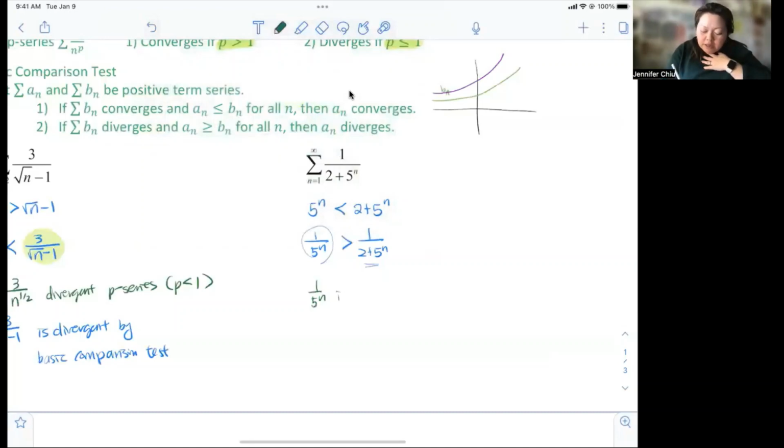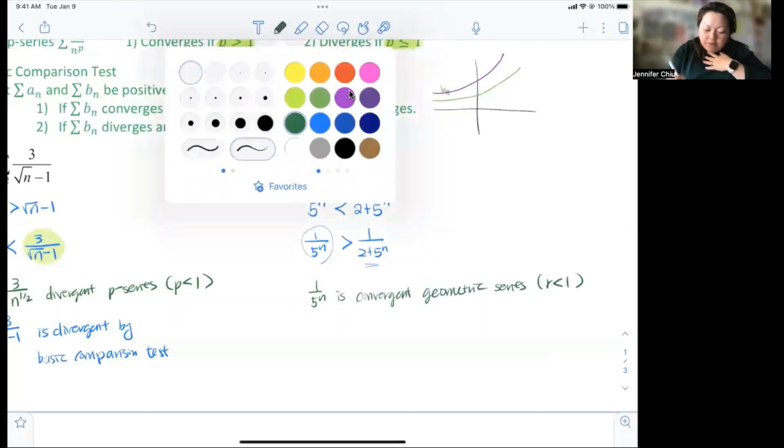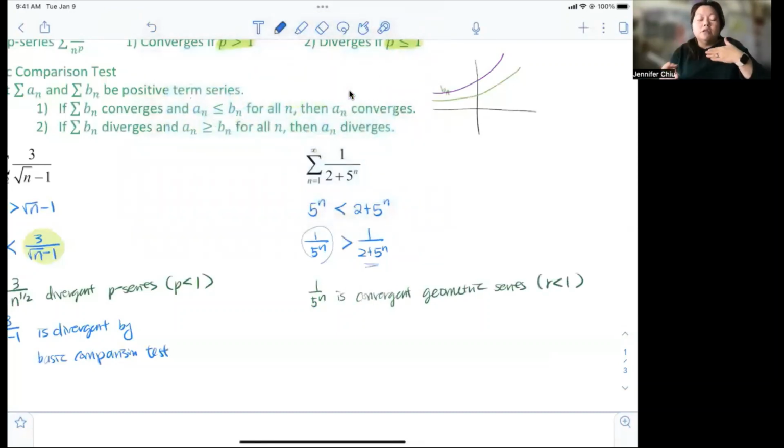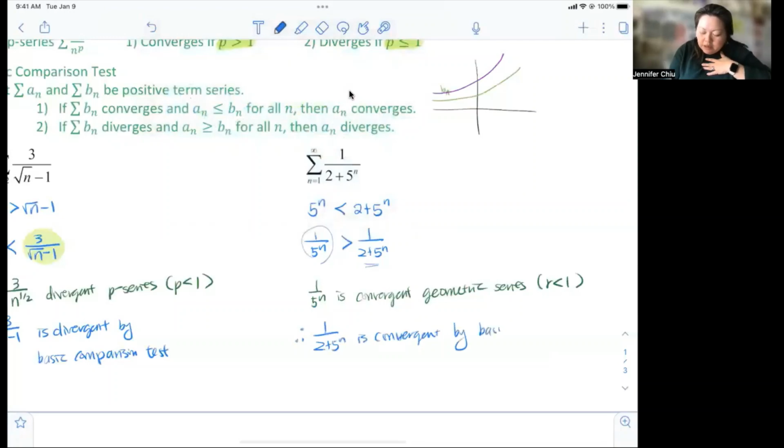So this is a convergent geometric series, right? Your r is less than 1. Because I know that's convergent, and the series I'm looking at is smaller than this one, therefore 1 over 2 plus 5 to the n is convergent by the basic comparison test.